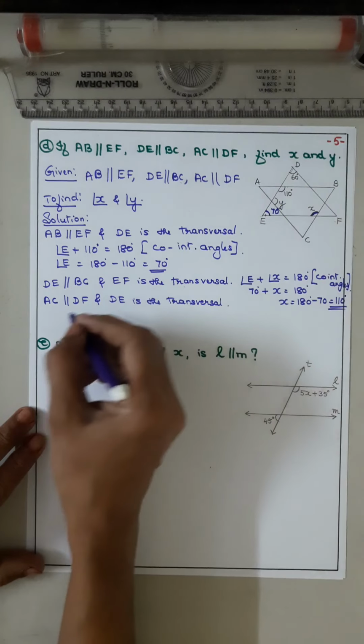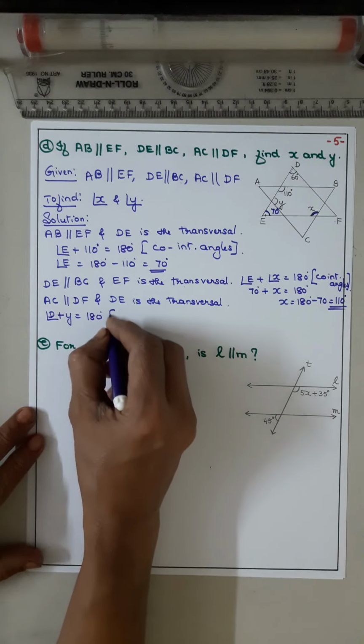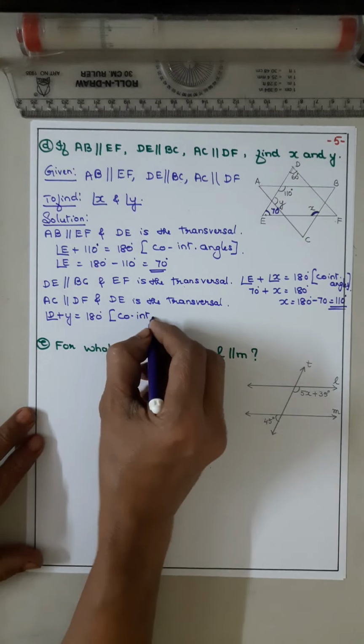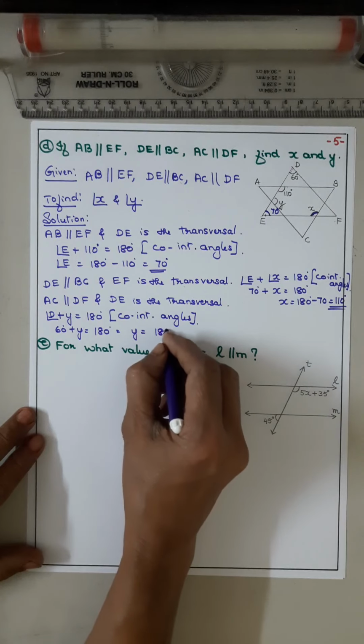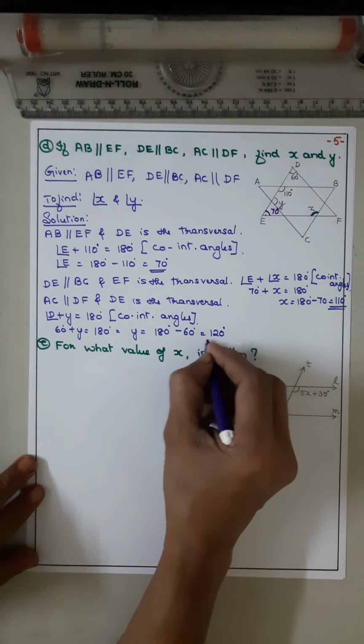Again co-interior angles. So angle D plus Y should be equal to 180. That is, 60 plus Y is equal to 180, so Y is equal to 180 minus 60, which is 120.